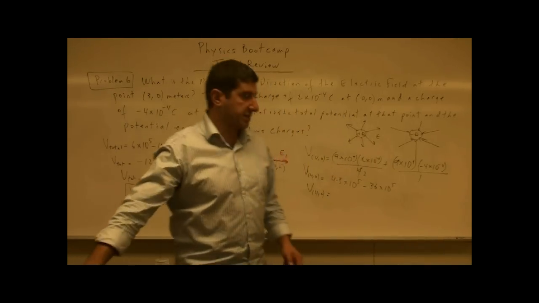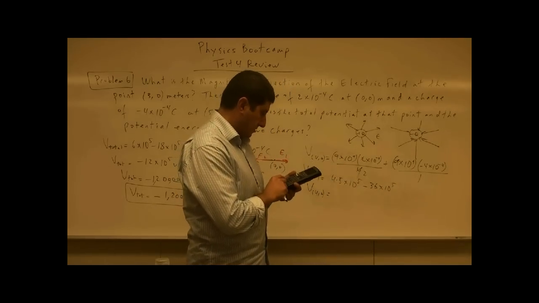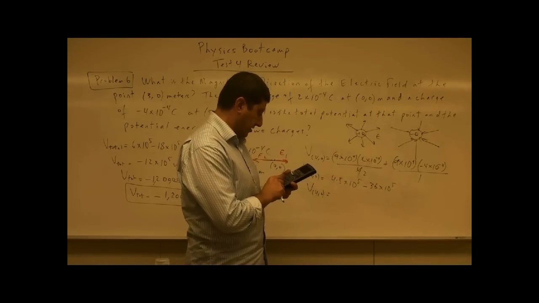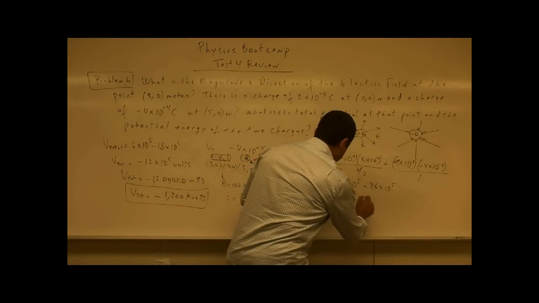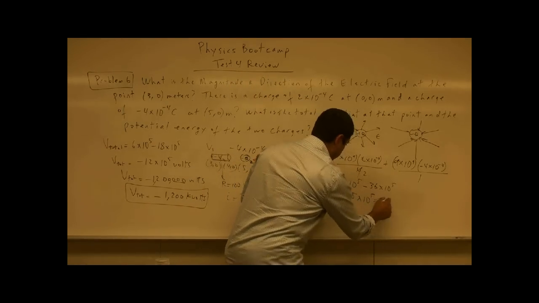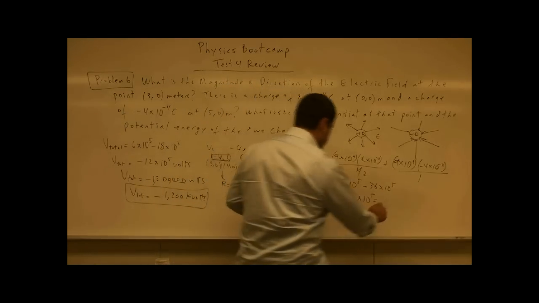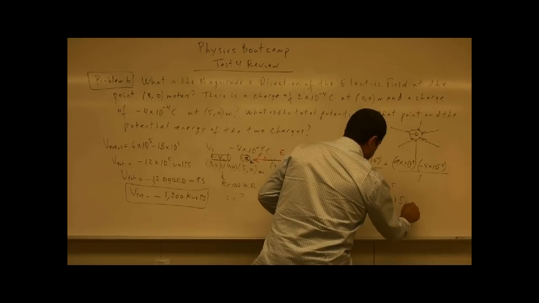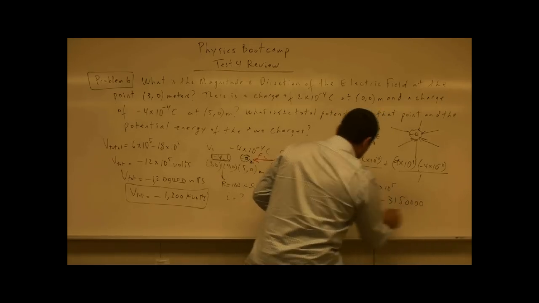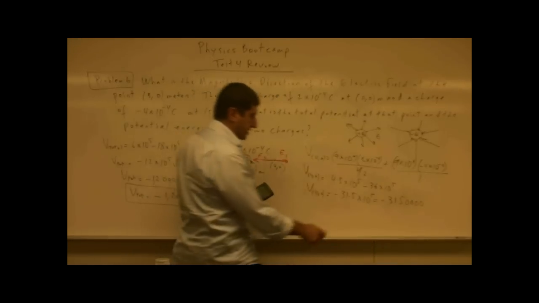So what is that going to be? 4.5 minus 36 is negative 31.5 times 10 to the 5th, which is negative 3,150,000. The decimal point goes over 5 times.